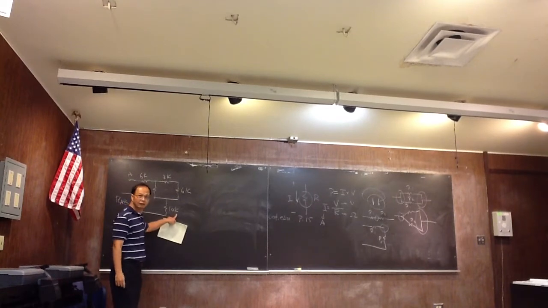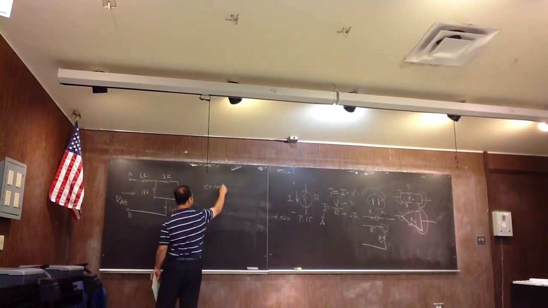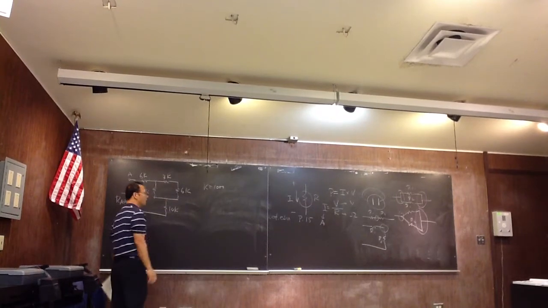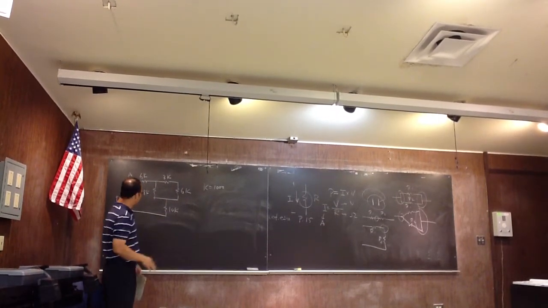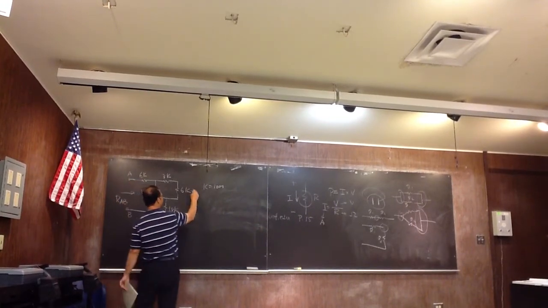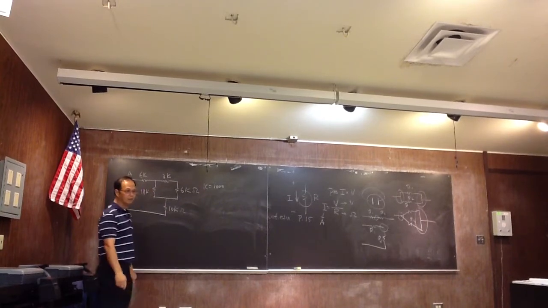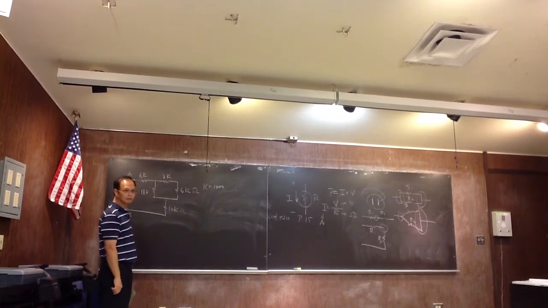Now K means what? 1,000. K means 1,000. And most of the time I skip the unit. I'm supposed to put a unit right behind every one of these, but sometimes I just get lazy.